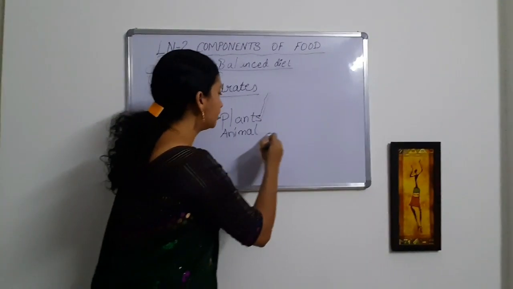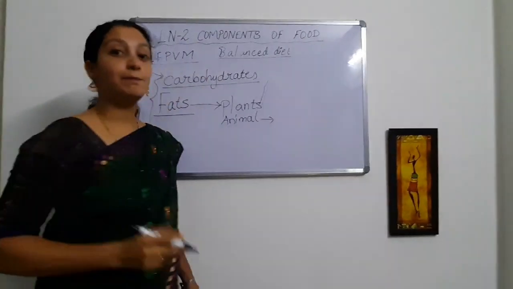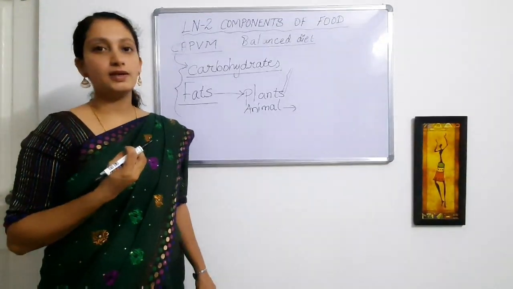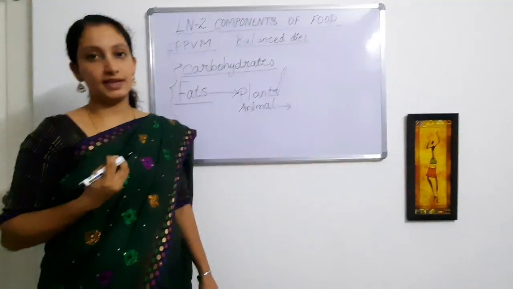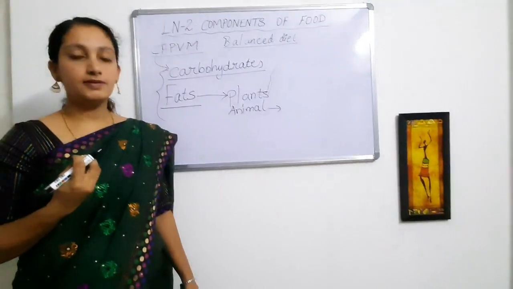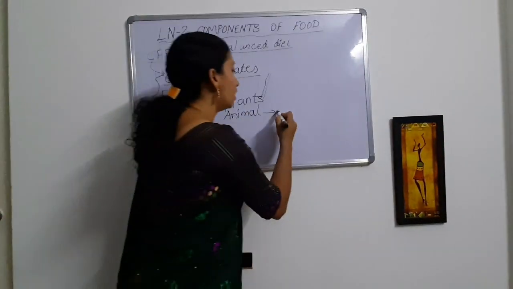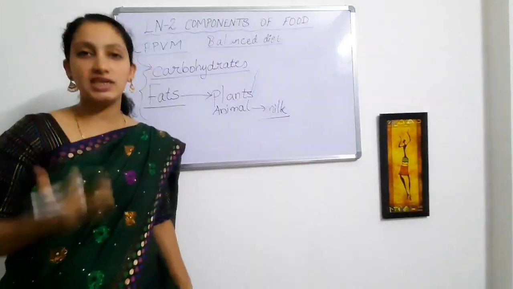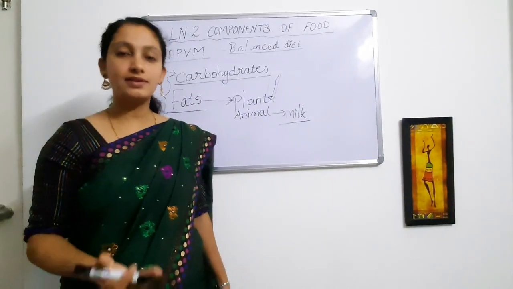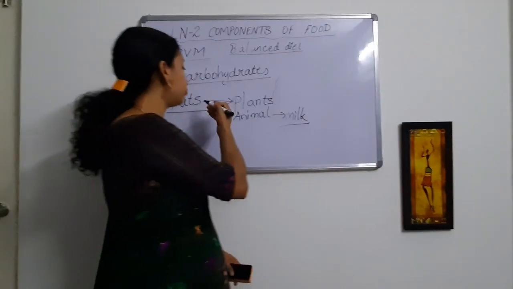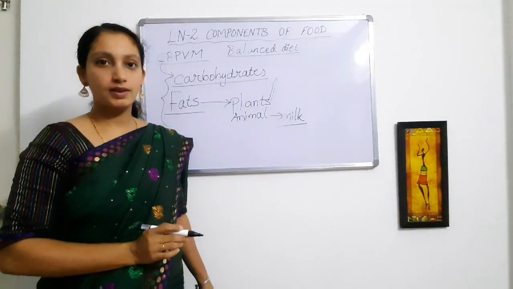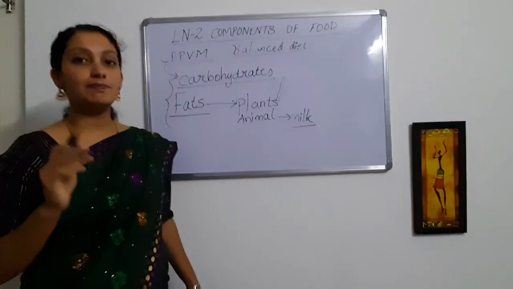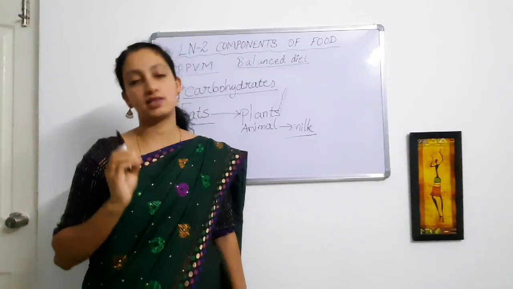Animal origin, all the meat products, some fish also contain fats. Then all the products we make from milk like cheese, ghee, butter, all these contain fats. So you have to remember some products which contain fats.